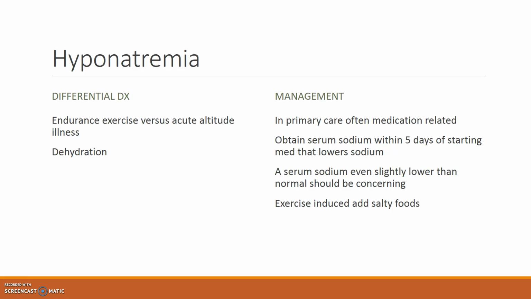I just want you to know the main ones. So we talked a few minutes ago about medication. Was it initiated? Are they endurance athletes? I thought it was interesting that our author said you've got to differentiate between endurance exercise versus an acute altitude illness, and then dehydration. Don't miss the obvious, in other words. So take your time to look at that.